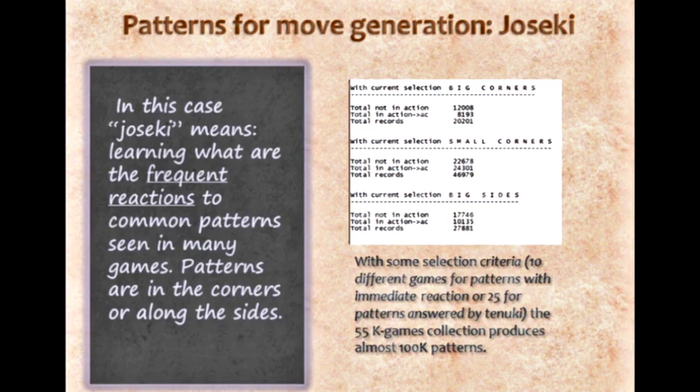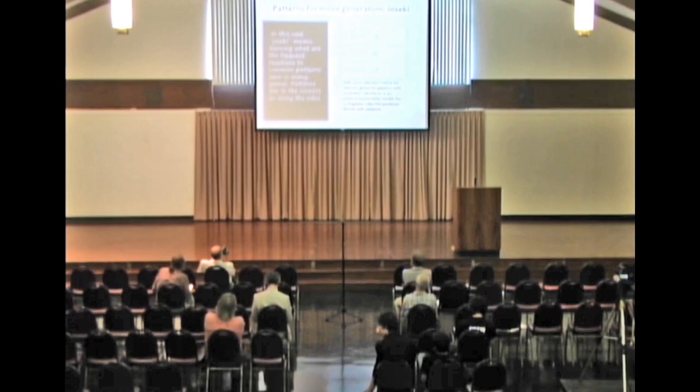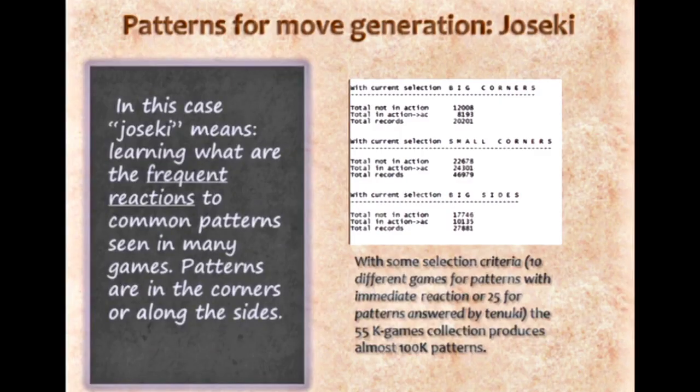In these areas, we study common patterns seen in a large amount of games and learn their possible answers. Besides what the answers are, we also learn how frequently each answer is found. This gives us a good idea of possible human continuations to moves in places where known patterns are found, even when the rest of the board is too complicated to judge by simple methods.